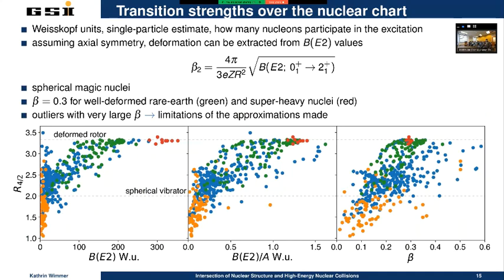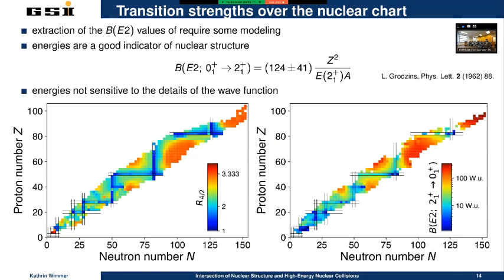So what do you mean by energies are not sensitive to the detailed wave function? Well, okay. If I change the single particle energy, I change the energy, but the B(E2) value really tells me the overlap of initial and final state.